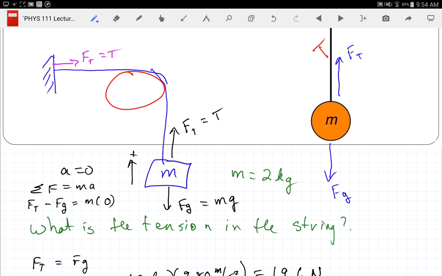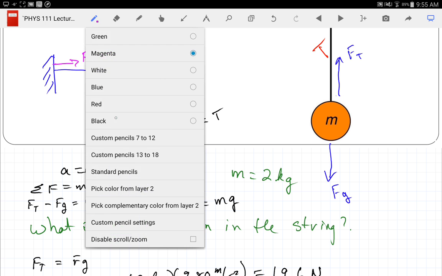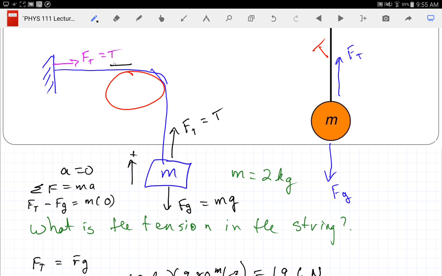The force of tension has a magnitude equal to tension and a direction of the direction the string is leaving. So if I look at the pulley, I'm going to have 2 forces from tension, one like that and one like that.